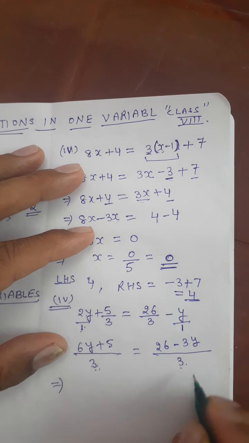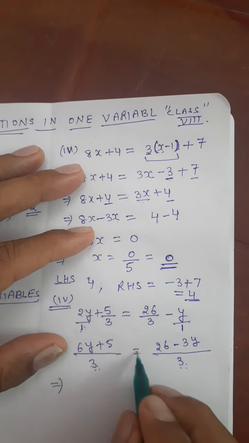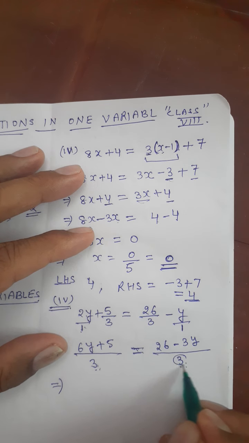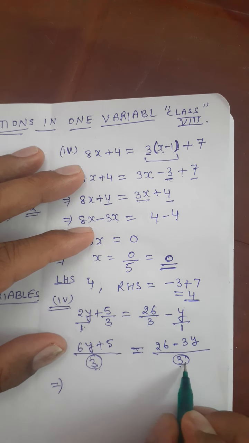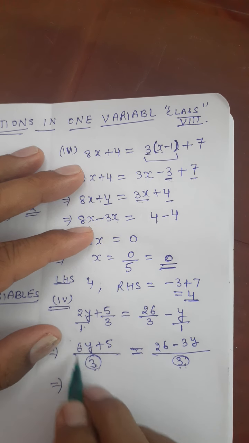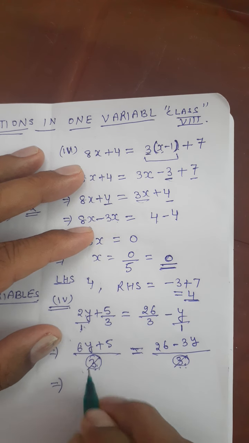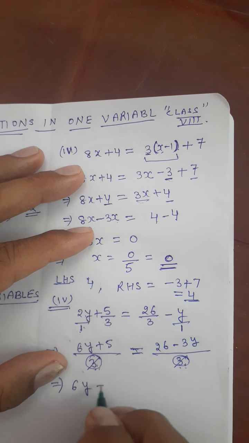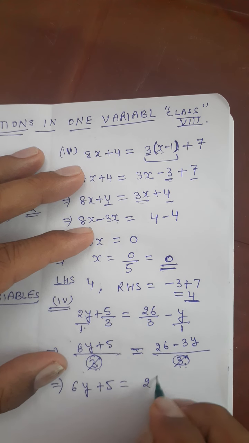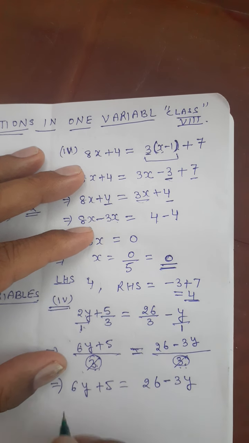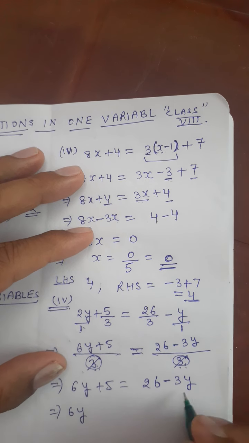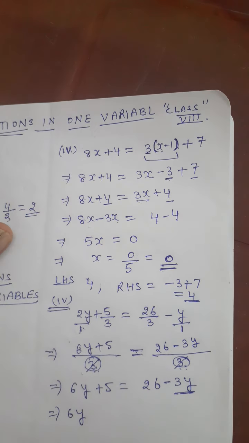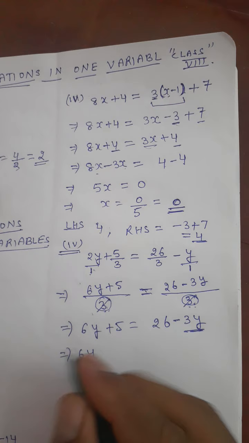Now cross multiply with 3, or you can check that there is 3 on both sides. If this 3 comes here in cross multiplication, then 3 and 3 will cancel out. So 6y plus 5 equals 26 minus 3y. We need to rearrange all the variables on one side.